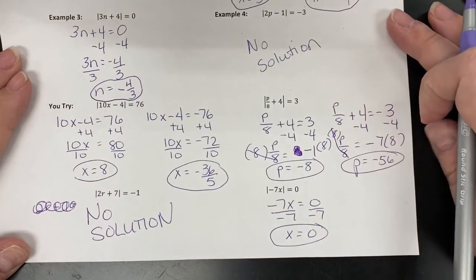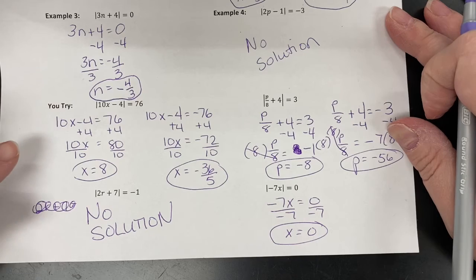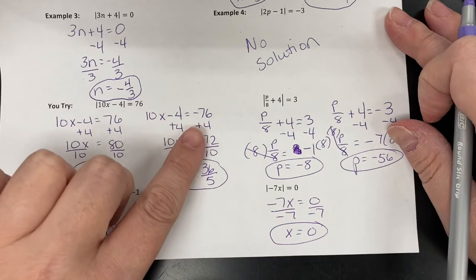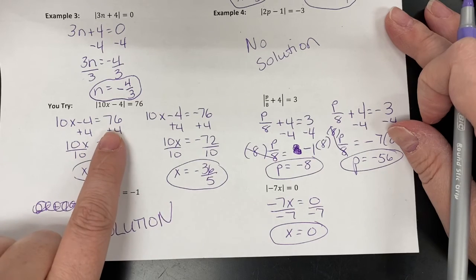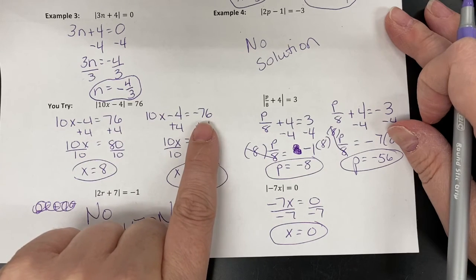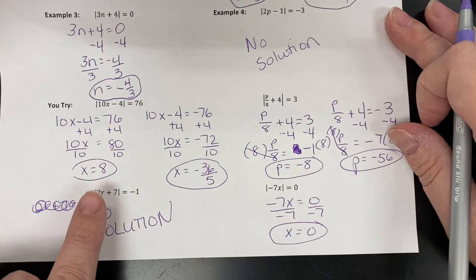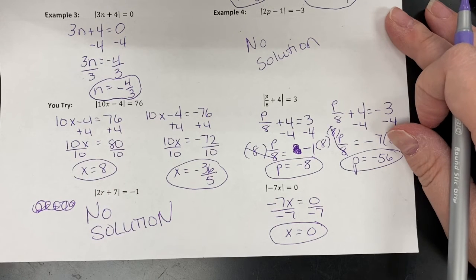All right, welcome back to the video. We have the first one here, which does have 2 answers. You should have set up 2 equations to solve, one with a positive 76, one with a negative 76. Solve them each separately. The good news is that when you're solving these, the steps are the same for each one, but you will get different answers.